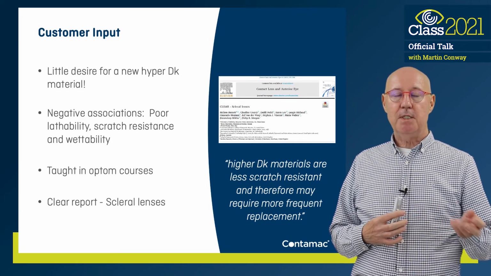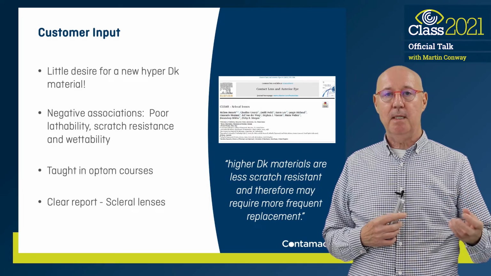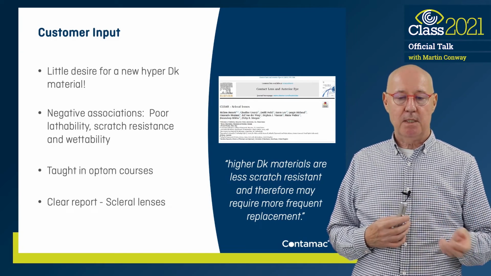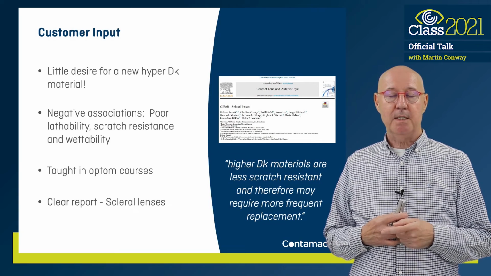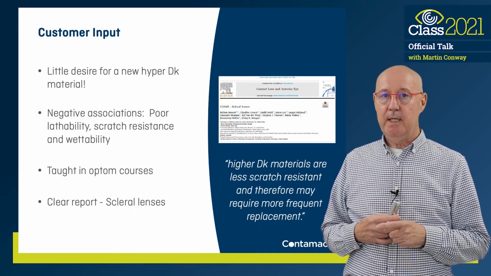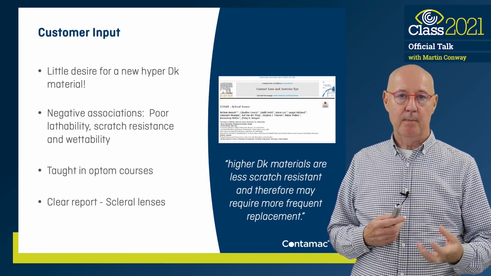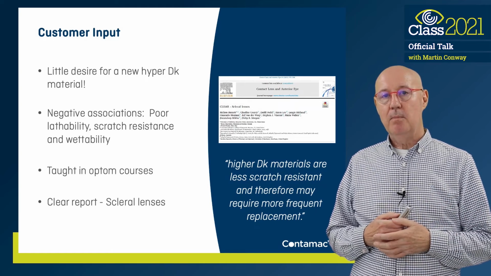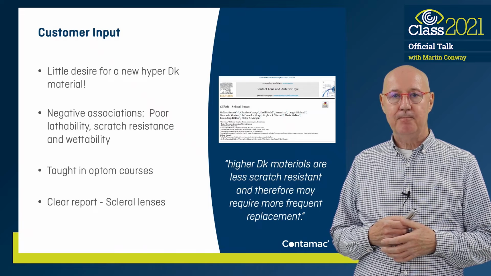In fact, in a recent publication in Contact Lens and Anterior Eye, several key opinion leaders discussing this topic stated that high Dk materials are less scratch resistant and therefore may require more frequent replacement. This is a myth that we had to overcome, and I'll hand back now to Mark to explain exactly how we overcame this.